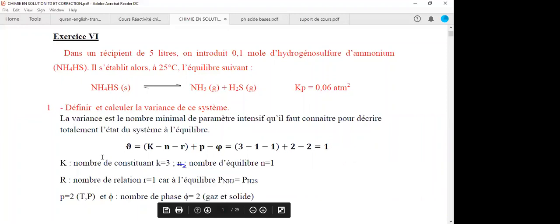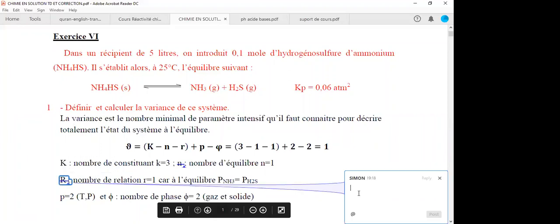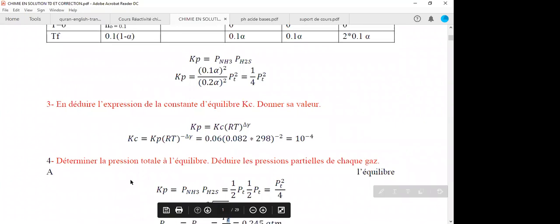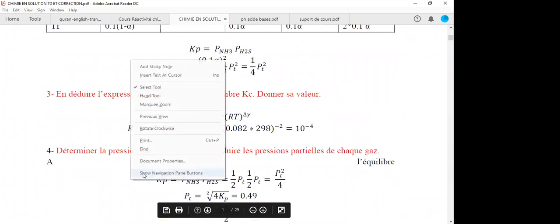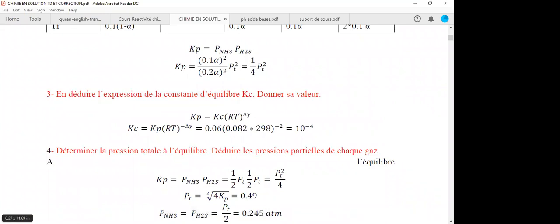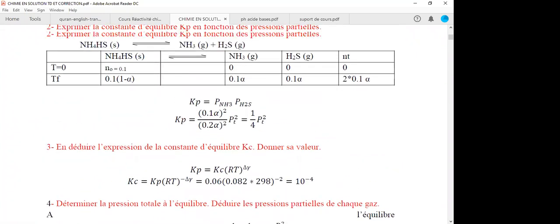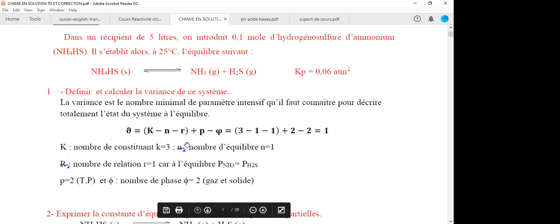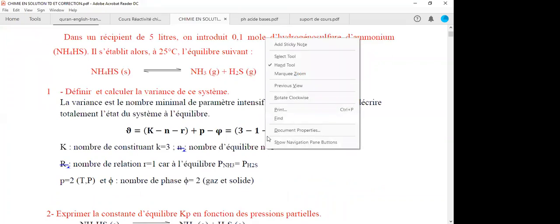And then this is N, petit n. So this is R, nombre d'équilibre, and R again here.